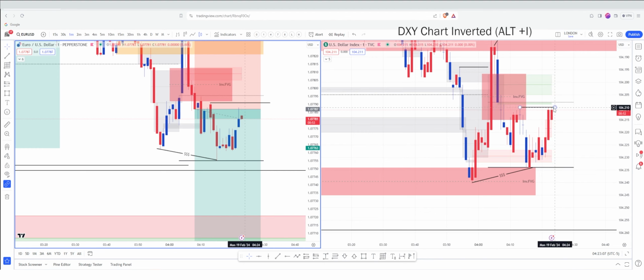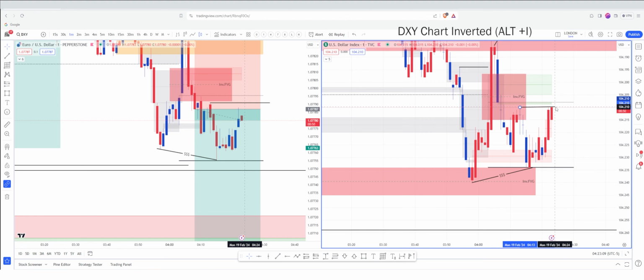We can see Dixie threatening this high. So Dixie's taken that high, the Euro hasn't.